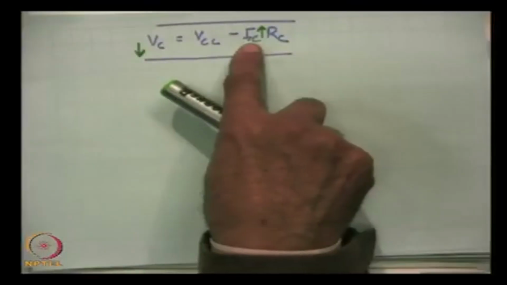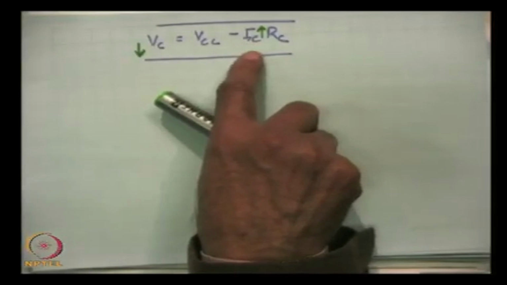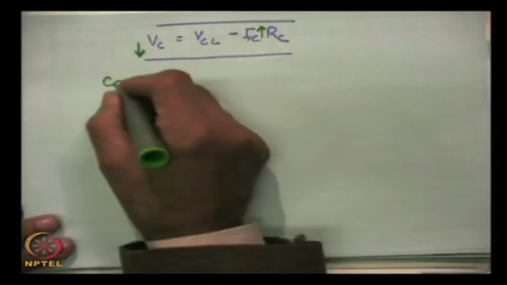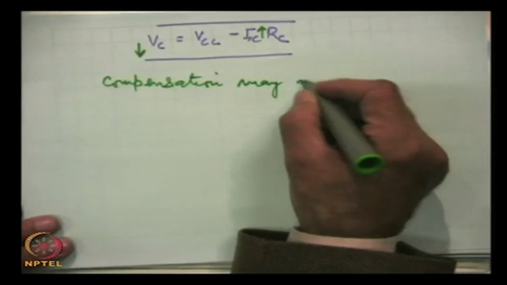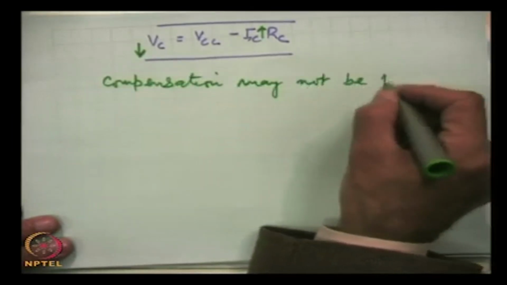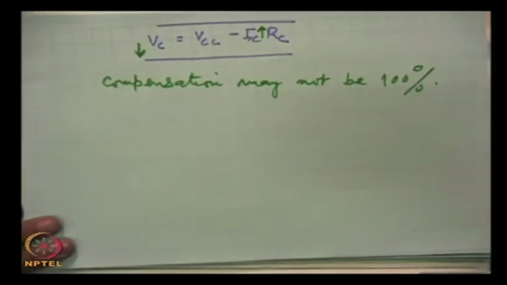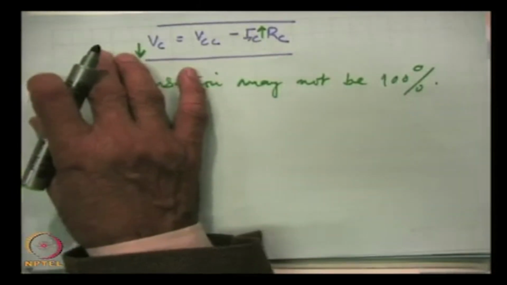Now, this voltage compensates for the rise in current, and this compensation may not be 100%.